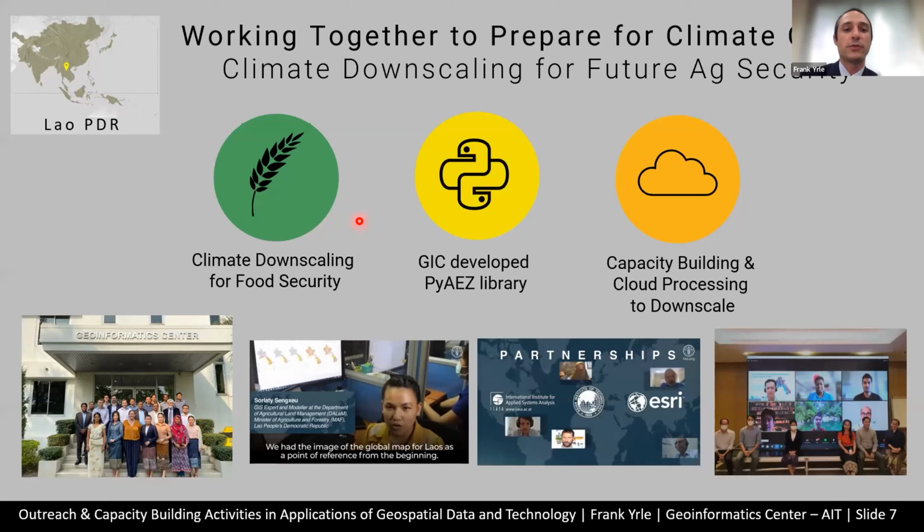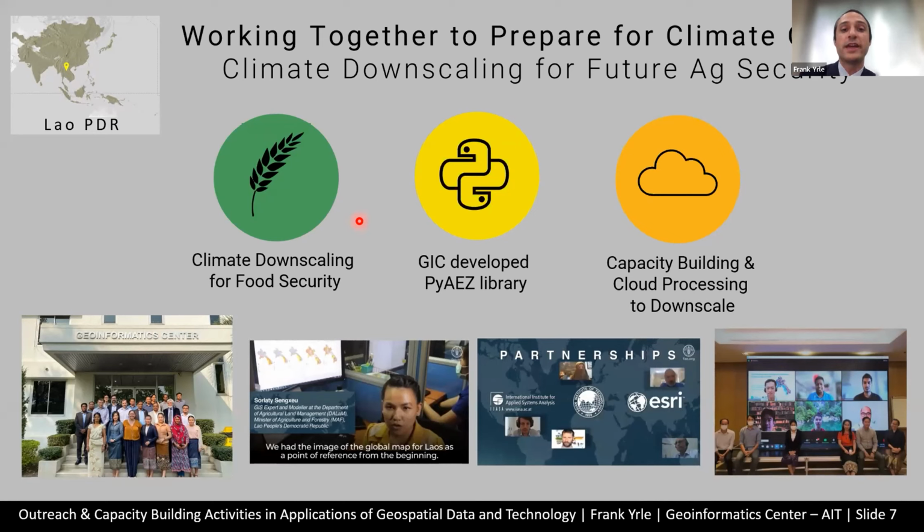Another one was with climate. So the Department of Meteorology and Hydrology and the Department of Agricultural Lands in Laos, they're very interested in climate downscaling for food security with regard to climate change and how that's going to affect agriculture in the coming years. And so essentially we trained them, we showed them climate downscaling, and they just took it over. And so they're doing everything on their own now.